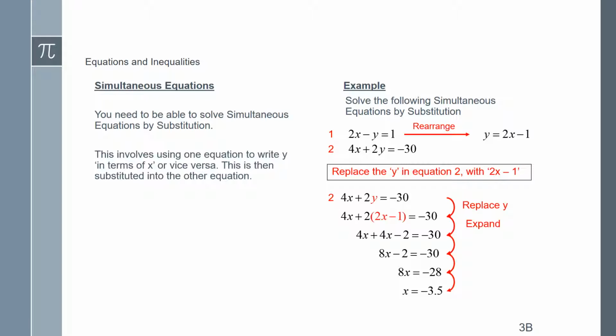Once we have x is 3.5, we then substitute it back in to either equation again, makes no difference, to get that y is minus 8. This is a particularly good method if you have an x or y with a coefficient of 1, so you can rearrange it very, very easily.